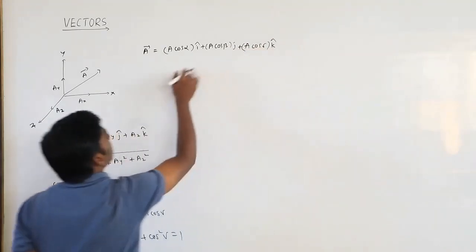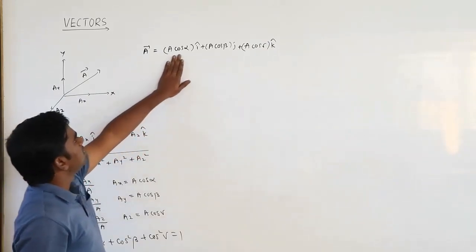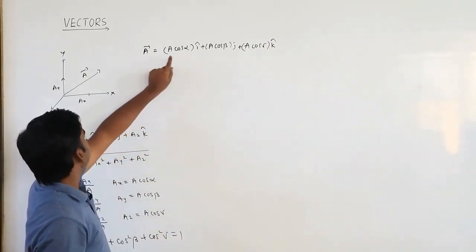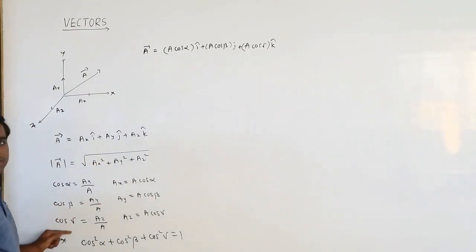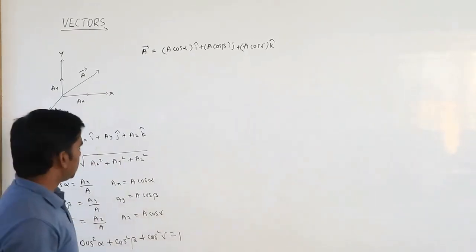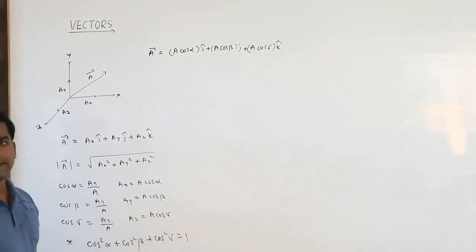You can replace Ax, Ay, Az in your equation with cos alpha, cos beta and cos gamma. These are the formulas we derived in our last discussion.